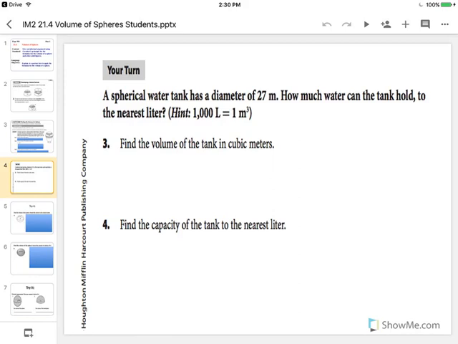So let's go on to number 3. Try number 3 and 4 on your own. A spherical water tank has a diameter of 27 meters. How much water can the tank hold to the nearest liter? We see that the hint gives us that 1,000 liters is equal to 1 cubic meter.